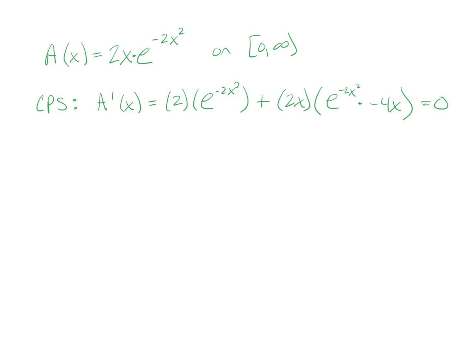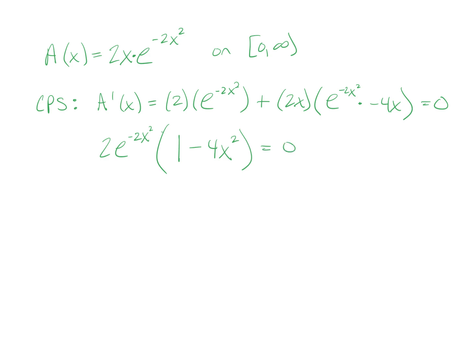So what I notice is that this term and this term both have an e to the negative 2x squared. In fact, they have a 2e to the negative 2x squared. So let's factor that out. And I'm left with 1 minus 4x squared.